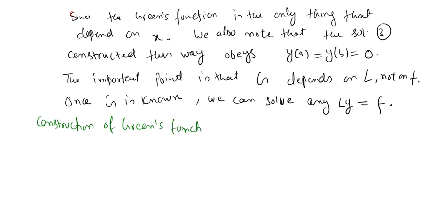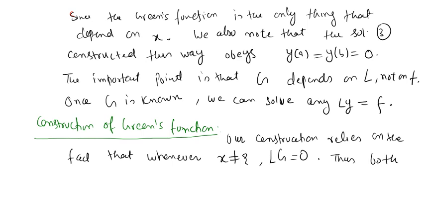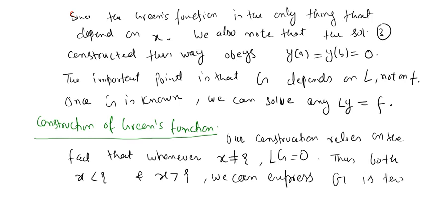Our construction relies on the fact that for any point x in the domain with x not equal to xi, Lg equal to 0, thus for both x less than xi and for x greater than xi, we can express g in terms of solutions of the homogeneous equation.